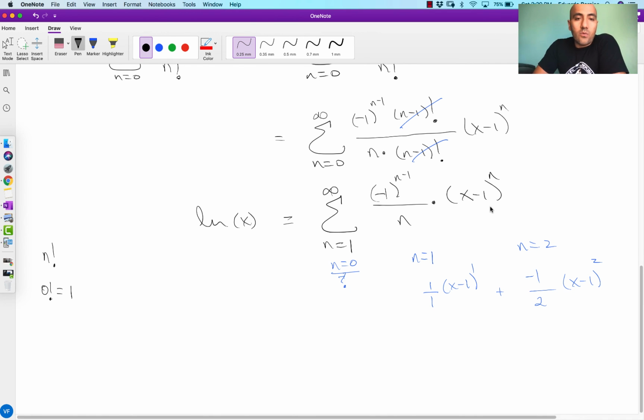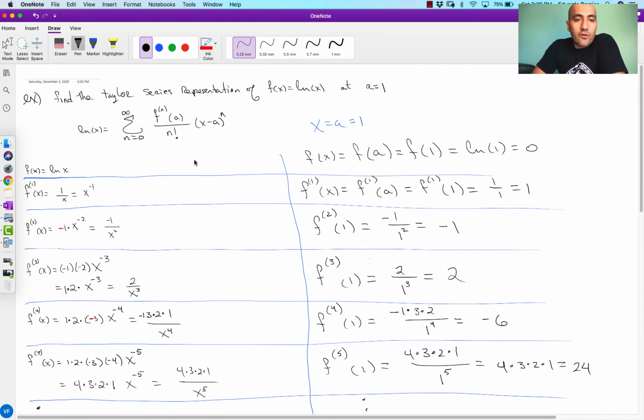Good? Because the first time I did this, I got a 0, and then the pattern started to form. So I can just come up with a pattern for all of this. That's why I have the sum starting at 1. And you're like, well, what about 0? n equals 0? Well, that's okay. Luckily, it was a 0, so it doesn't really do anything.